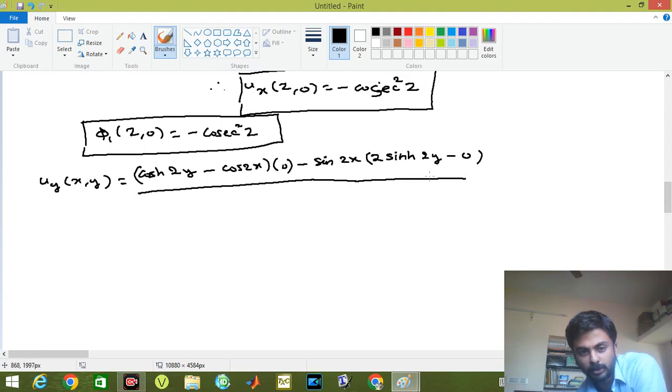So v square means we will have cos h2y minus cos 2x the whole square.